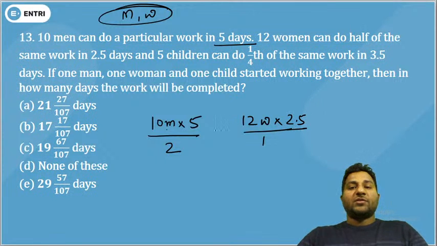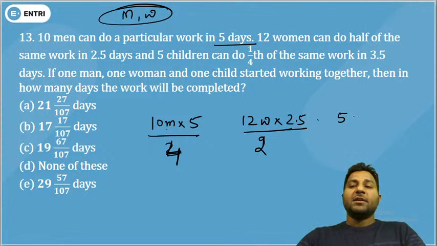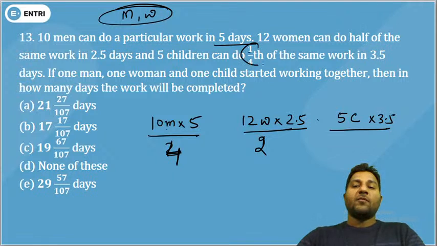All right, and 5 children. So let's say that the total work was 4 and women do half, that means 2, and children do the same. 5 children do, not the same, 1/4 of the work in 3.5 days, so it will be 1.